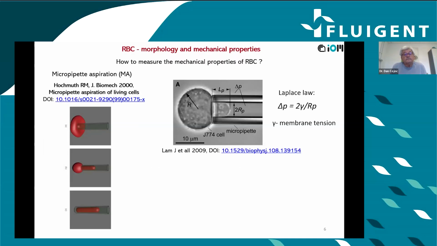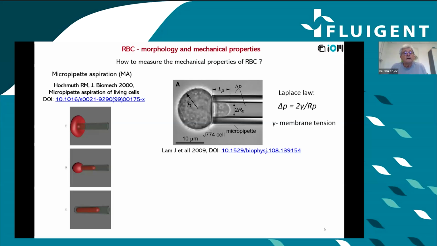And now, to measure morphology and mechanical properties, a useful technique, and I think the oldest technique in mechanobiology for cells, I would say, was introduced by Hochmuth in 1986, I think.